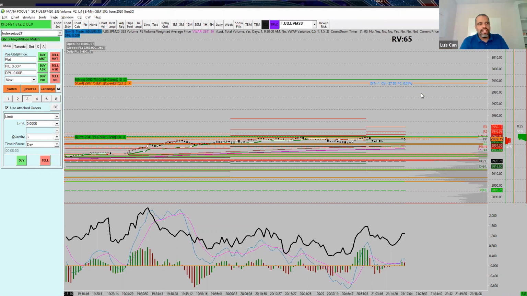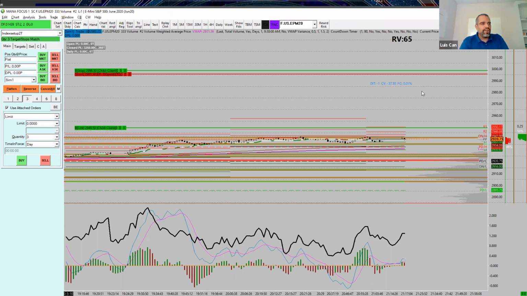If I go from there all the way here, how many ticks is that? 144 ticks. Times 3,750 each tick, $5,400.